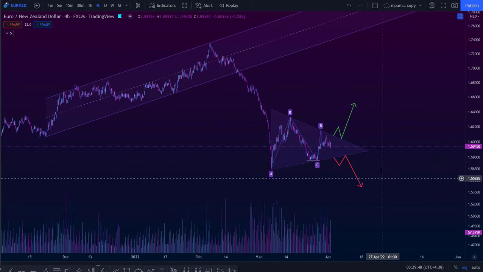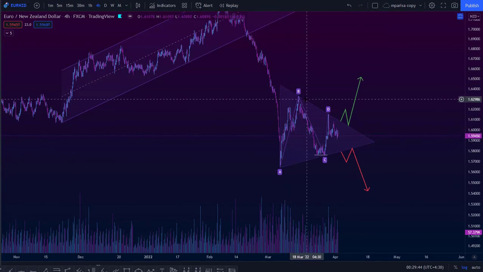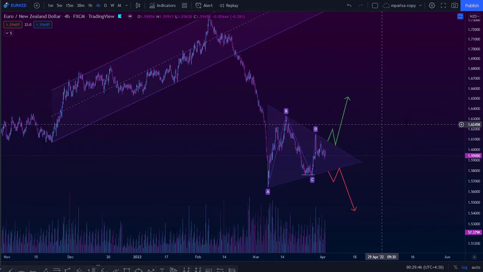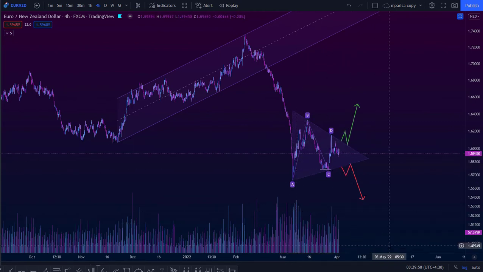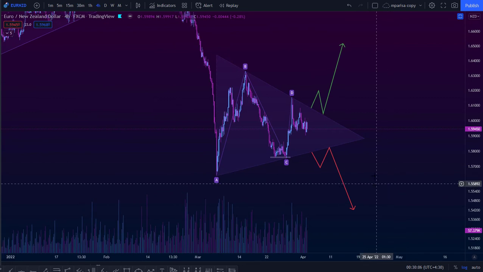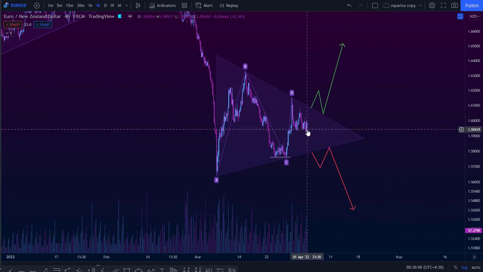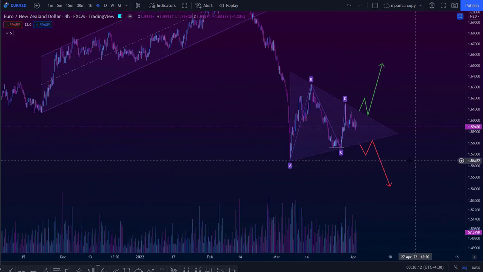Our second Euro this week is Euro NZD. We can see this nice triangle here. We had this move, it might be a correction, and then the continuation of the bearish trend. But as we know, you don't trade inside the patterns, and you have to wait for the pattern to be broken.